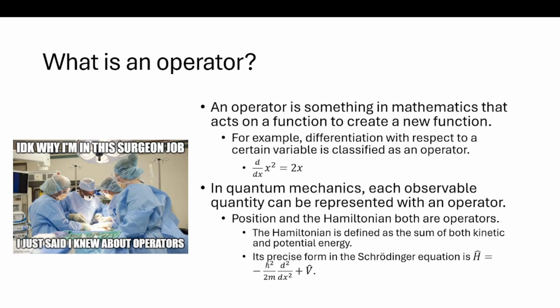A few examples include position and the Hamiltonian. If you apply the position operator onto the wave function, you're going to get the positions of the particles in that system. But the Hamiltonian is defined as the sum of both kinetic and potential energy in the system, and so if you apply that onto the wave function, you get the total energy of the system.